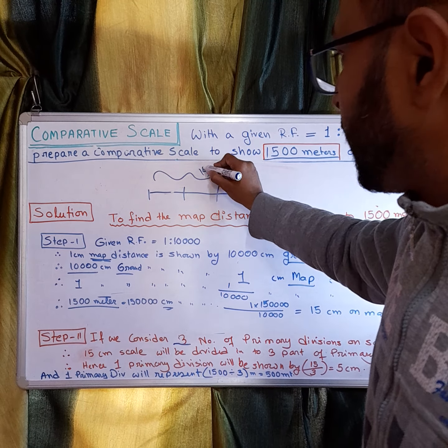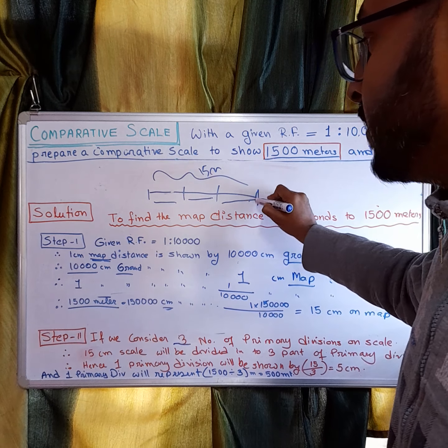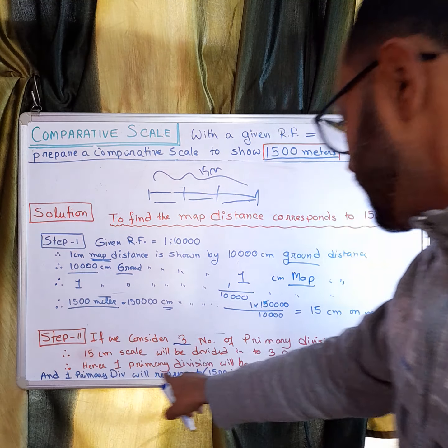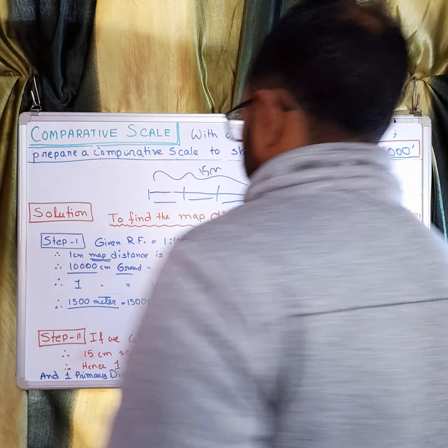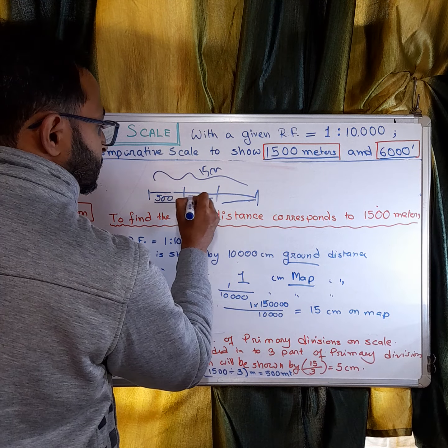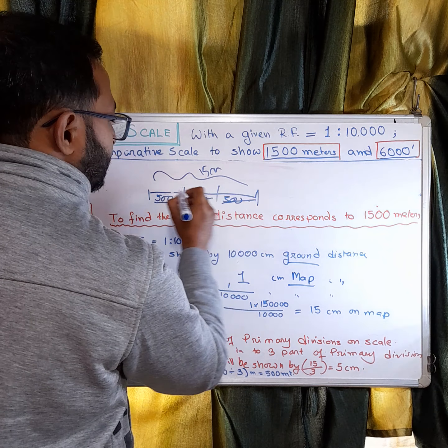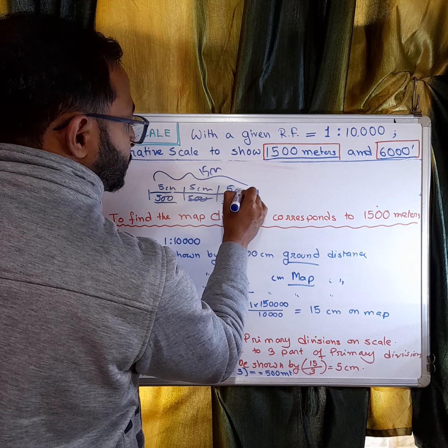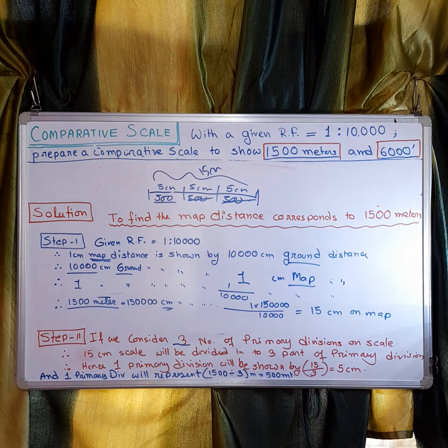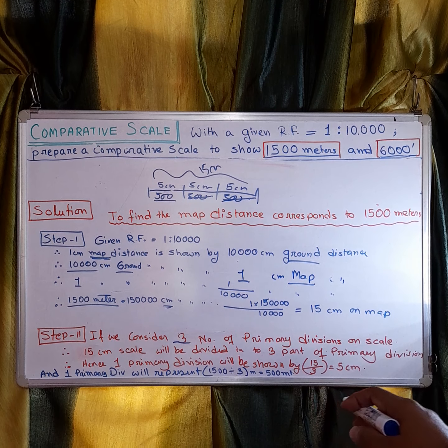Then each part will get 5, 5 and 5. That is mentioned here. And if it is 15 centimeter, then each part will have 500 meters, and it will be 5 centimeter, 5 centimeter and 5 centimeter. Correct? It is just mentioned in that portion.